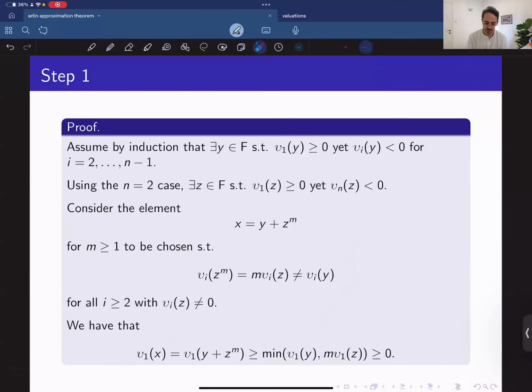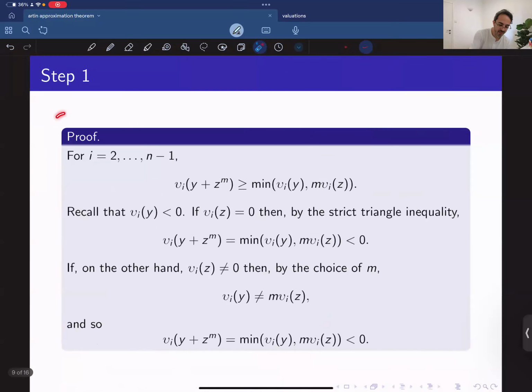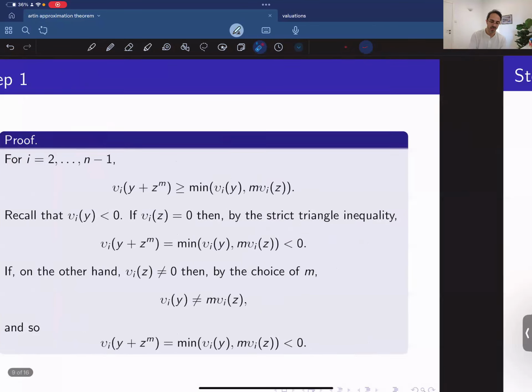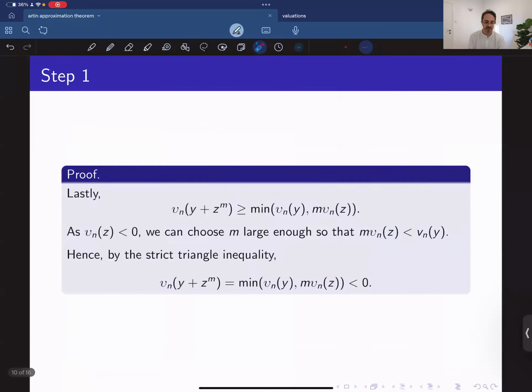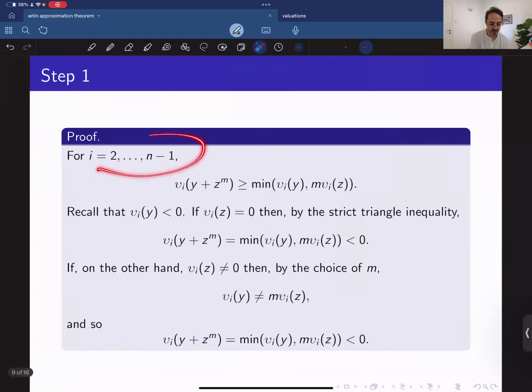Taking this into consideration now, in this slide I'm worrying about I that goes from 2 up to n minus 1. I want to show the valuation is negative. And then in the next slide, I'm going to consider the nth valuation. Okay? So let's go up and consider these valuations.